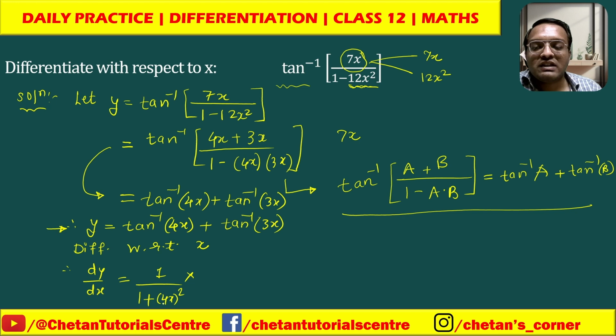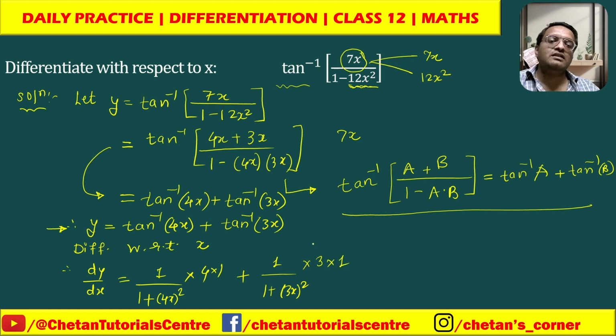And multiply this derivative with derivative of 4x. So derivative of 4x is 4 into derivative of x, that is 1. So 4 ones are 4, plus derivative of tan inverse of 3x, that is 1 upon 1 plus 3x bracket square into derivative of 3x. Derivative of 3x is 3 into derivative of x, that is 1.